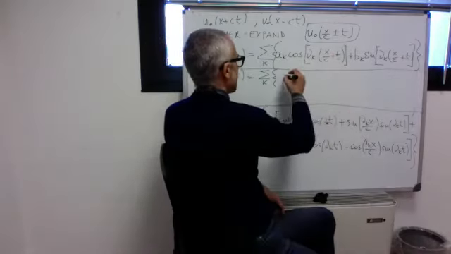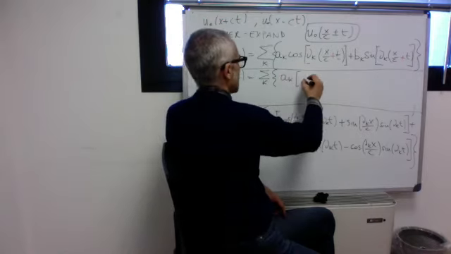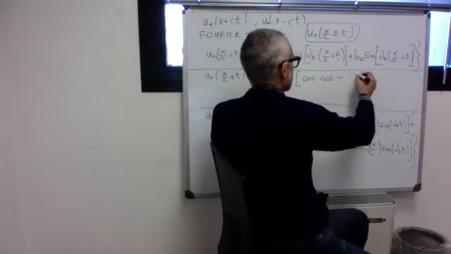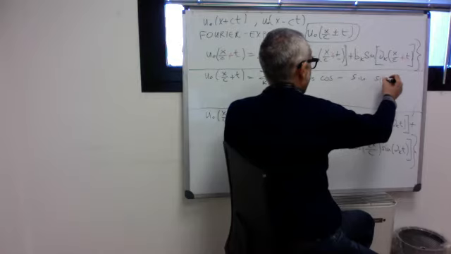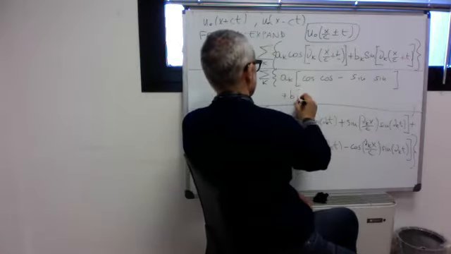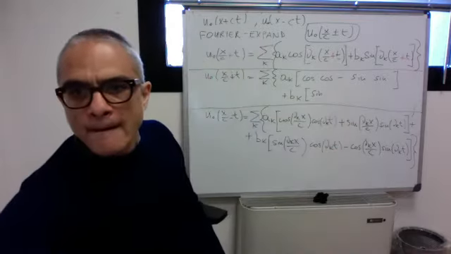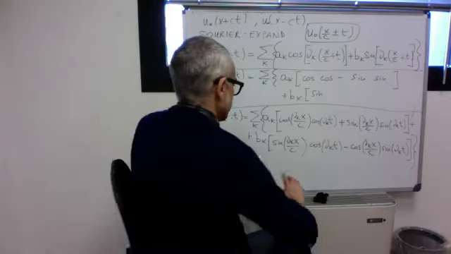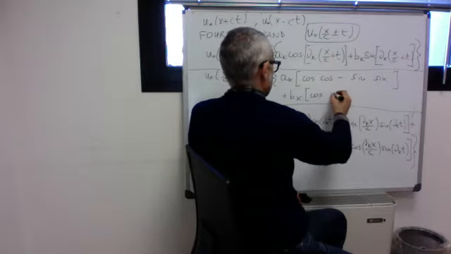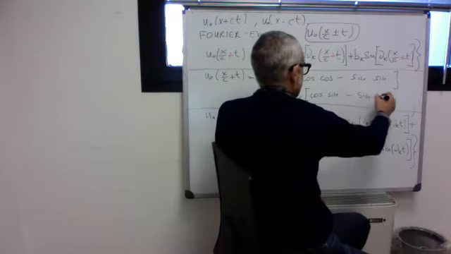Basically, instead of a minus here, I get a plus, so here I get a minus and plus d_k, and here I get cos sine minus sine cos.